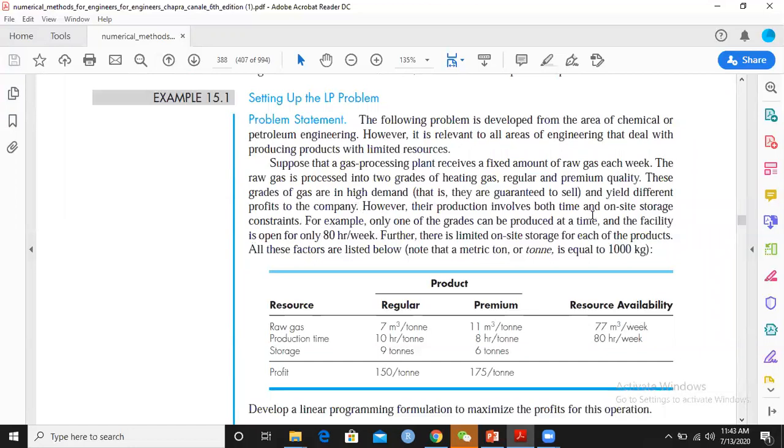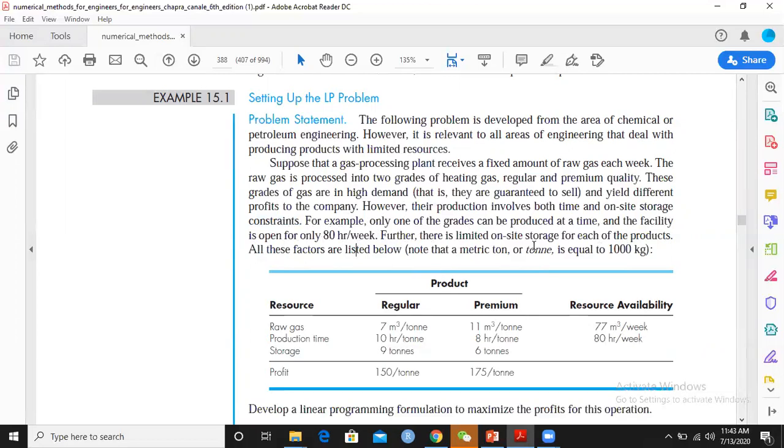However, their production involves both time and on-site storage constraints. So now we are talking about the constraints. Which constraints are we going to consider? For example, only one of the grades can be produced at a time, and the facility is open only for 80 hours per week. Okay, so total production time is 80 hours per week.